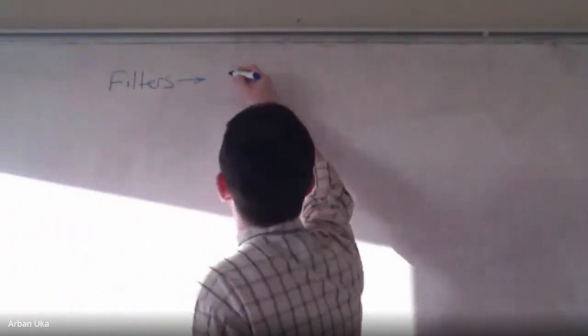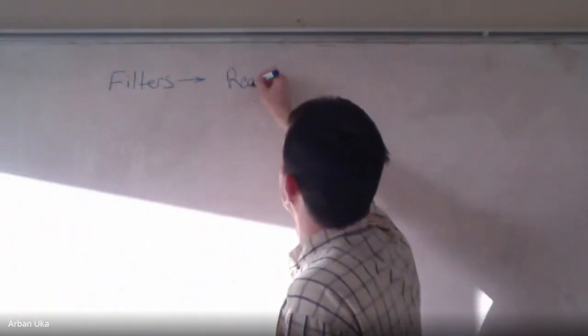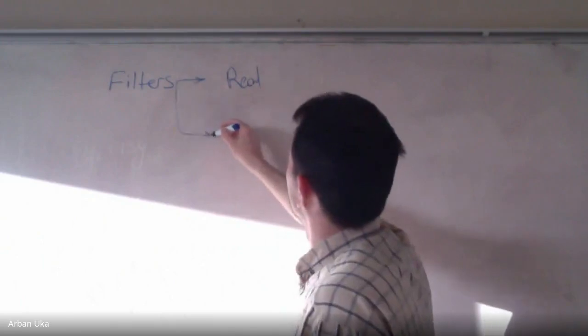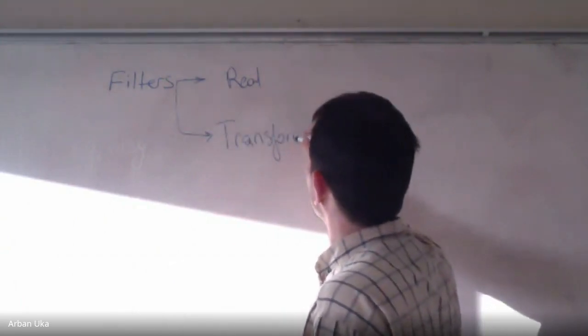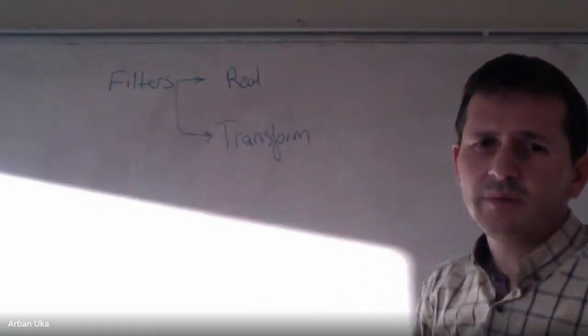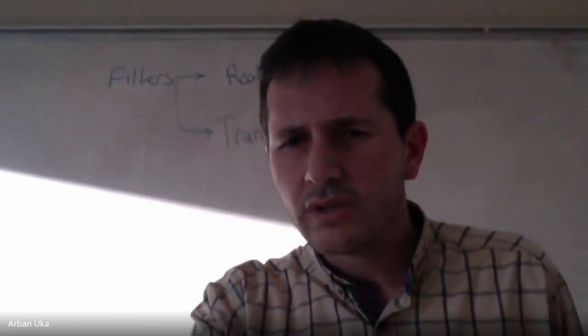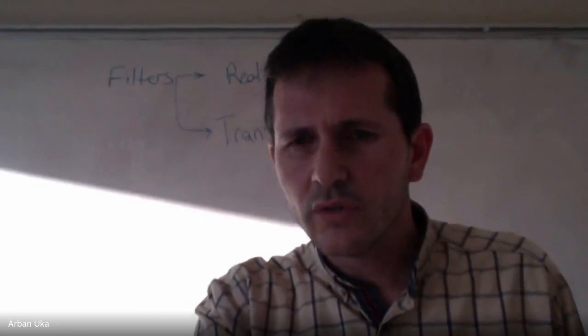So I think we know this, right? Let's consider that this is the real domain, and this is the transform domain. The most common transform domain is the Fourier domain, and we already know this.